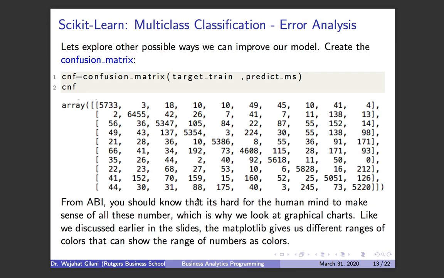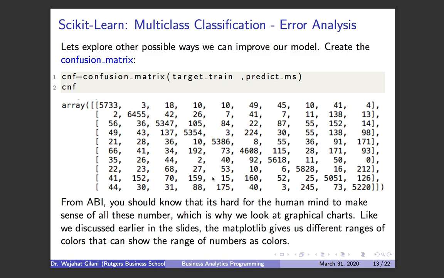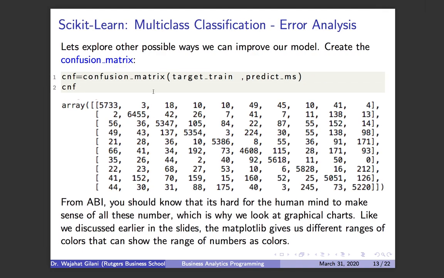Now, let's start off with our confusion matrix, right? Our confusion matrix is going to have the true positives and all the false negatives, right? So I'm going to use my predict MS one. Perfect. And I already have my confusion matrix.